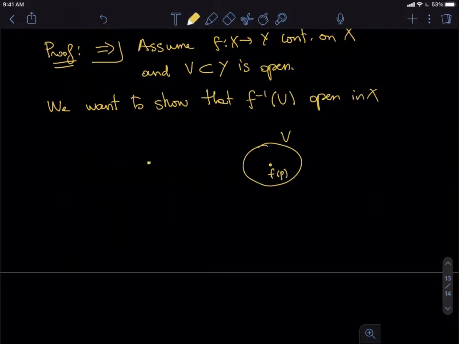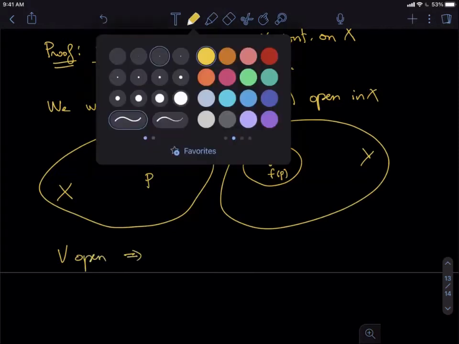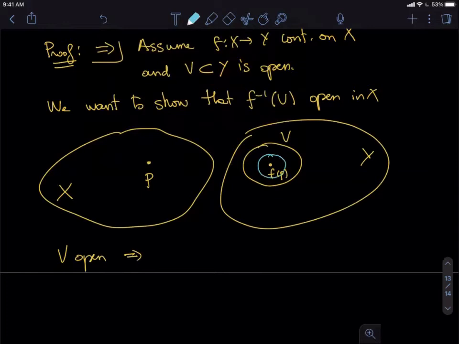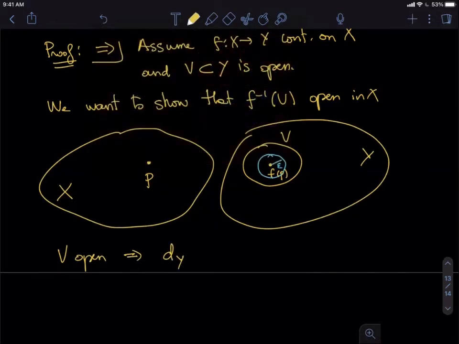And it comes from some point P that is contained in X. Okay, and this is our Y. Now, because V is open, that means that there exists some epsilon such that I can take an open ball around F of P that is completely contained in V.